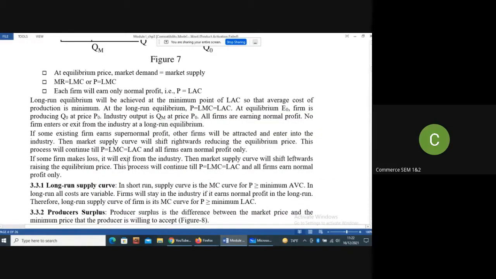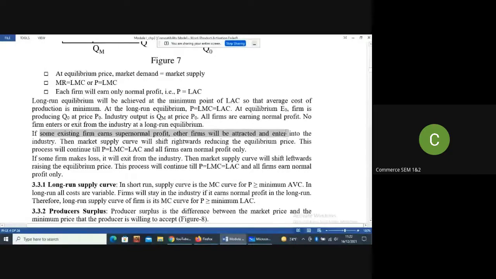So এটাই বলা এখানে। So if some firms earn supernormal profit, then other firms will be attracted and enter into the industry. Then the market supply curve will shift rightward, reducing the equilibrium price. This process will continue till price equals LMC equals LAC, and all firms earn normal profit only.